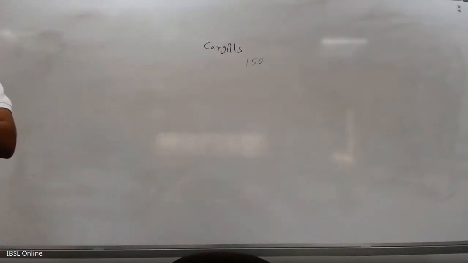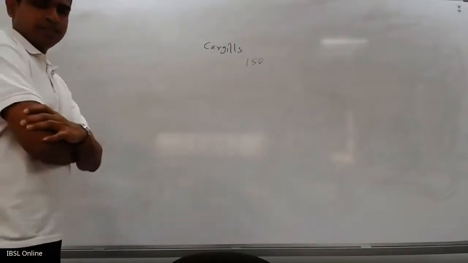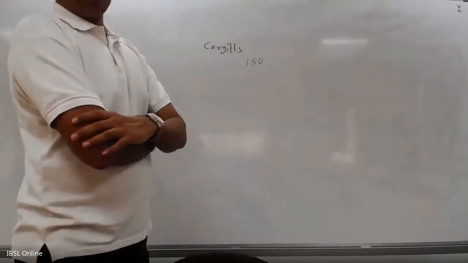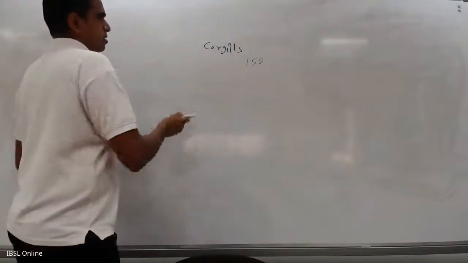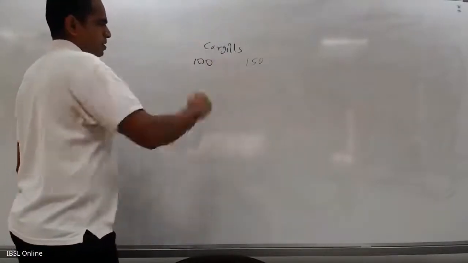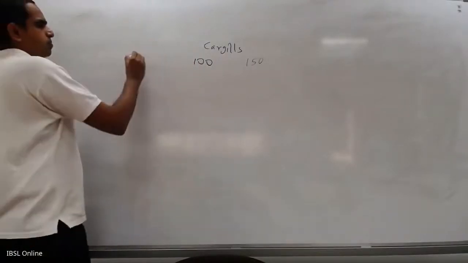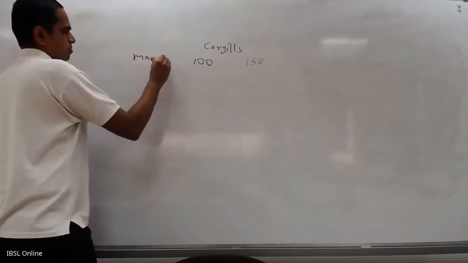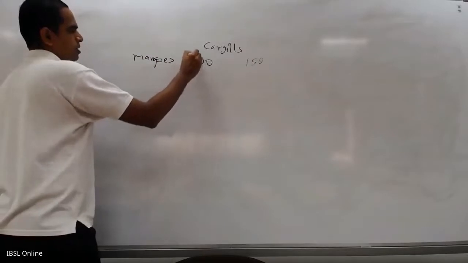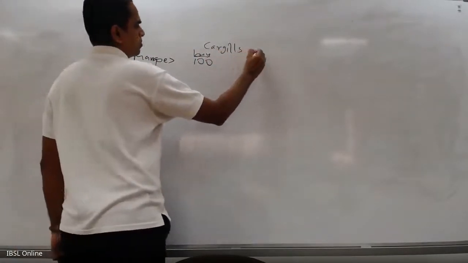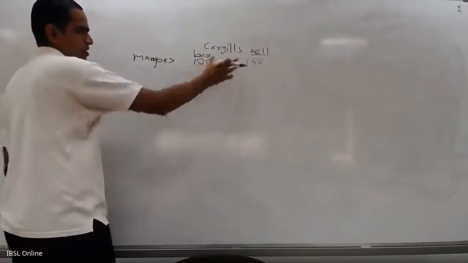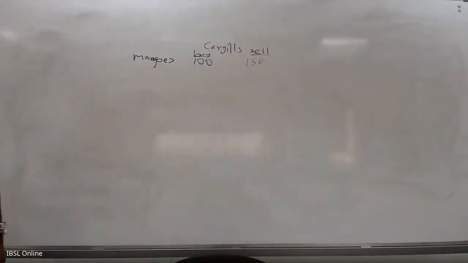Because Cargill's is big, most probably it will be Cargill's again. They will say they will buy mangoes at 100. They will buy at 100 and they will sell at 150. So Cargill's will decide on the price.